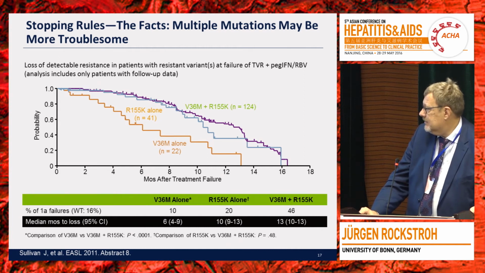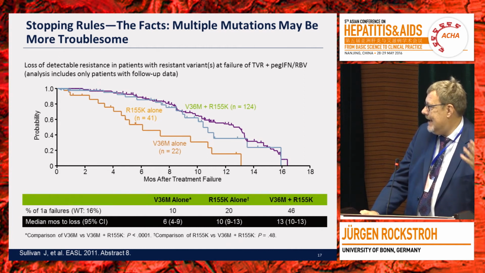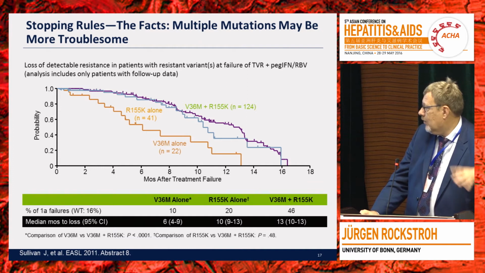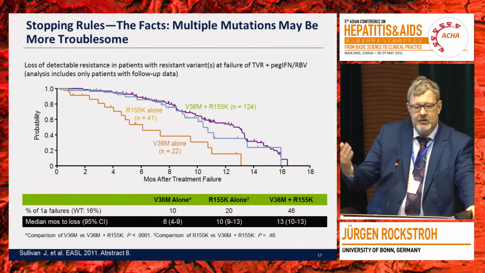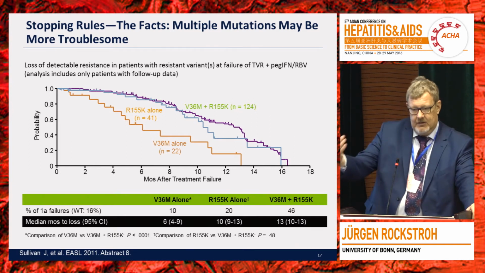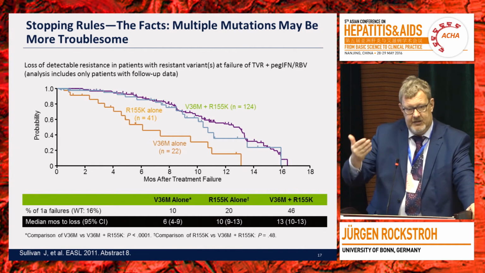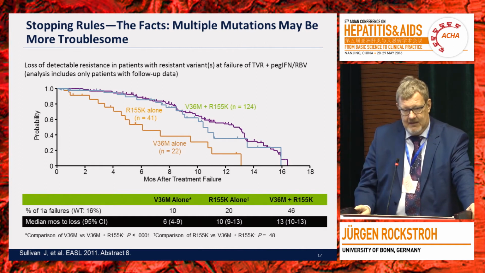And there's a difference whether you have the V36M alone, or the R155K alone, or the combination of the two, and depending on which mutation you have, you can lose it faster. If you have combinations of mutations, you actually lose them less fast.